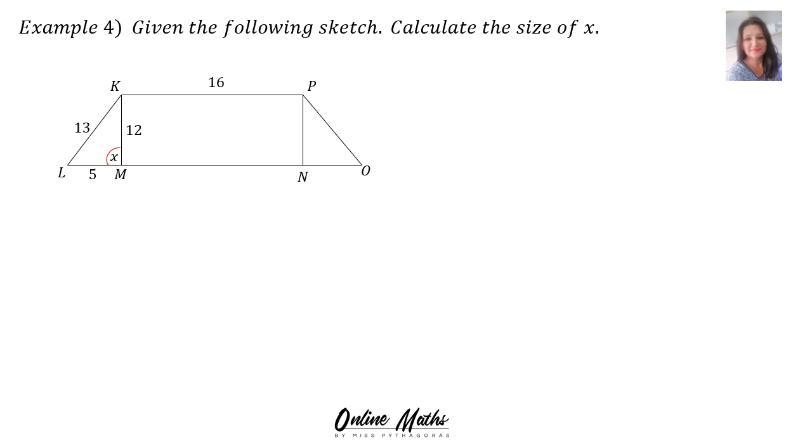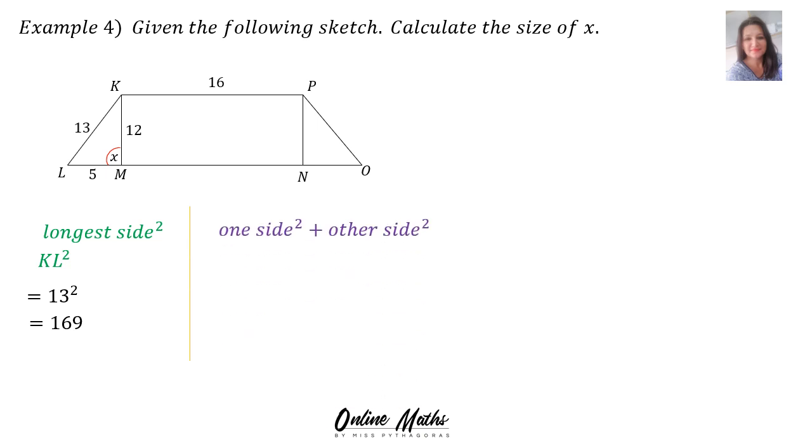So let's start with the longest side squared. In this case, it's KL squared, 13 squared, 13 times 13, which is 169. And then a line in the middle, we split it, and then we will do one side squared plus the other side squared, which is LM squared plus KM squared.